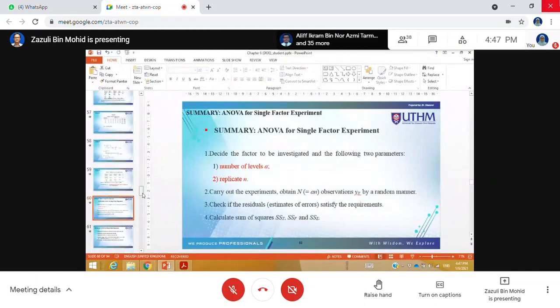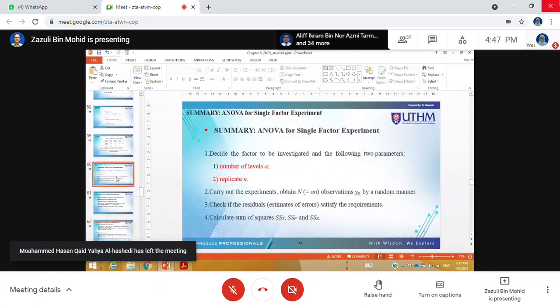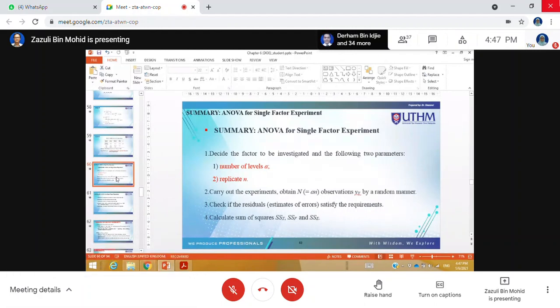The next two slides here are the summary of the ANOVA. One is to decide the factor to be investigated. We have to know the number of levels. We need to know the replicates, which is the response number of each level, and we have to carry out the experiment.